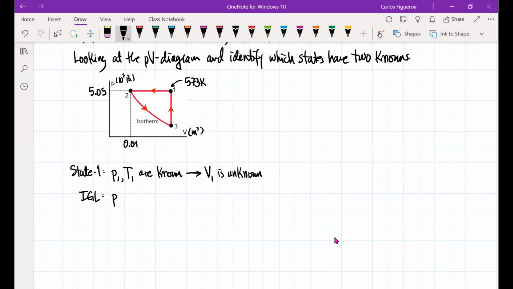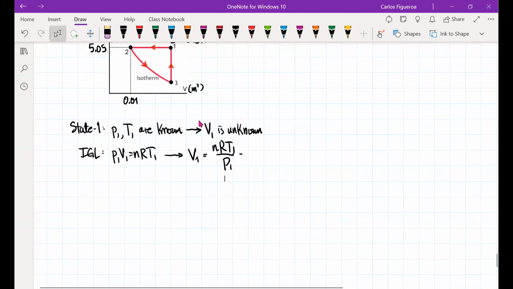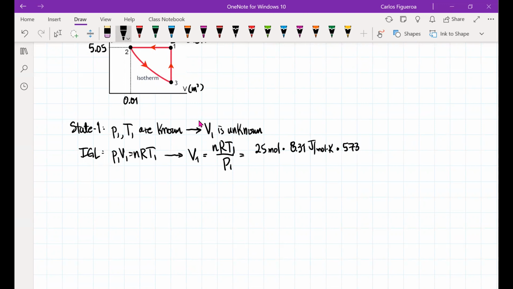It says P1 V1 equals N R T1. Solving for the volume, this is going to be N R T1 divided by P1. So I just pick the values off the table. I have 25 moles, my gas constant is 8.31 joules per mole times Kelvin, and then I have my temperature of 573 Kelvin.